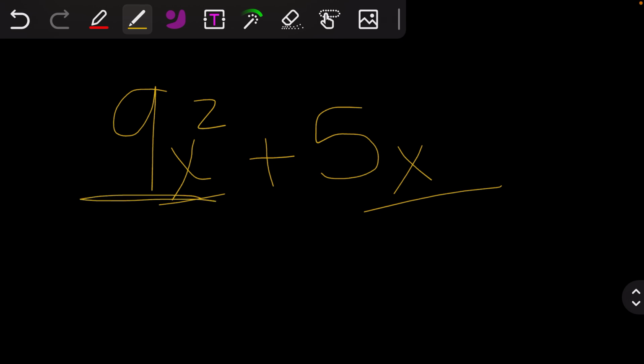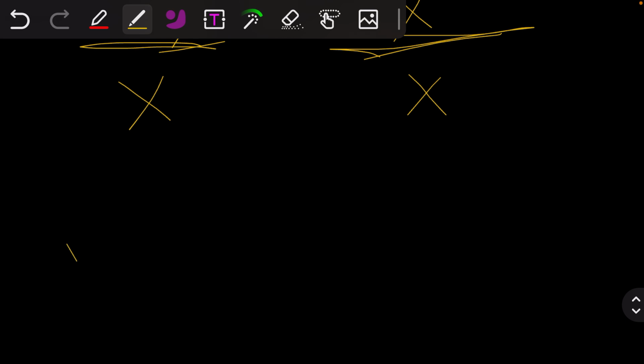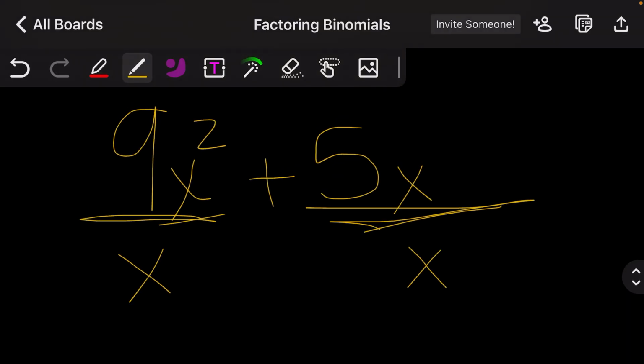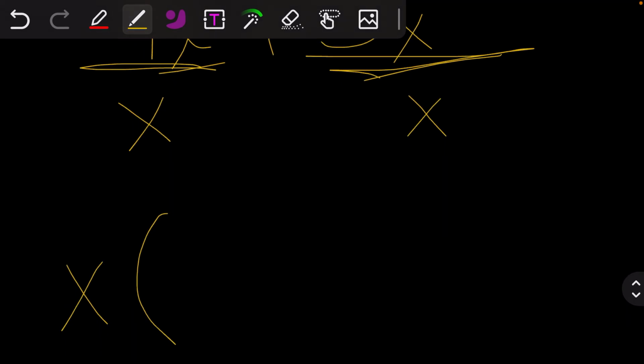We can divide both of these terms by x because they both contain at least one x. So again, we'll put that on the outside of the parentheses, and then we'll look at the aftermath. So when we divide 9x squared by x, what we are left with is just a 9x to the 1st power, but I'll just leave the degree off of that.